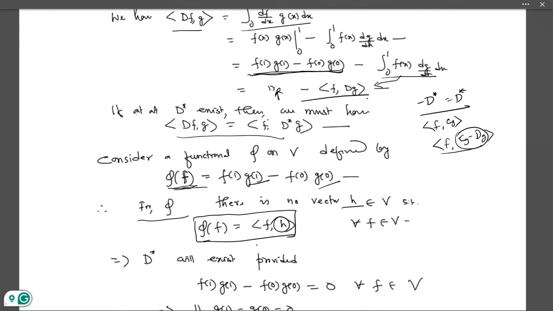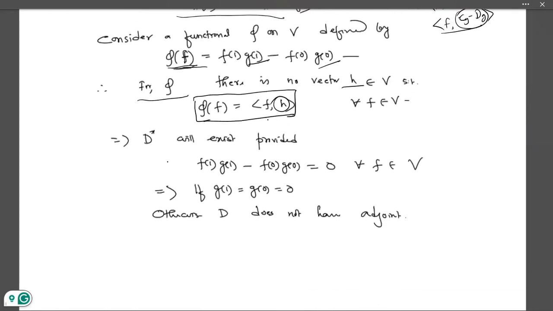But this was a counterexample in the 9th week. We have no such h to represent this phi function.